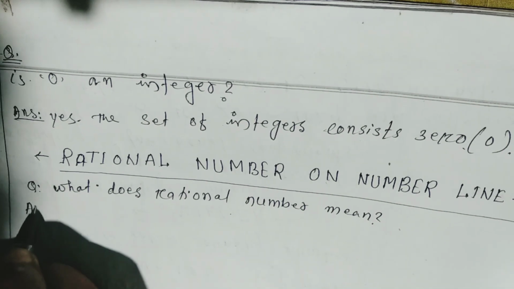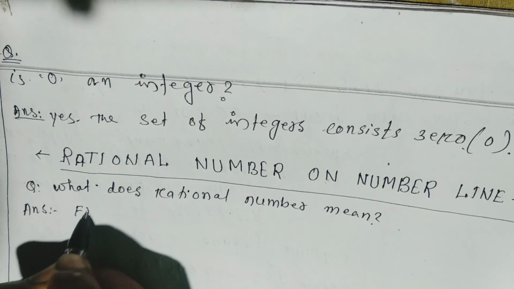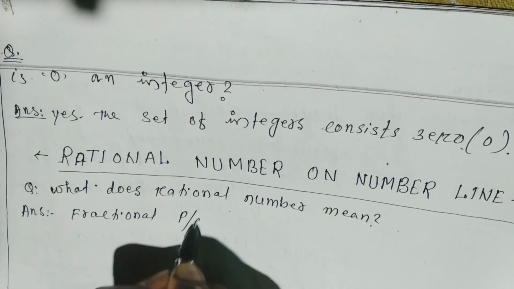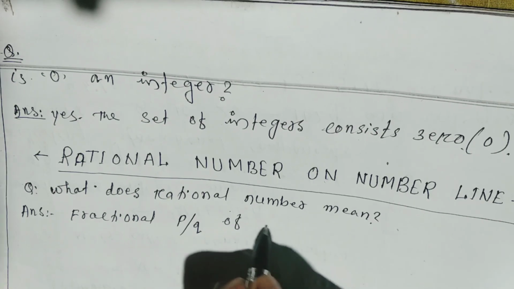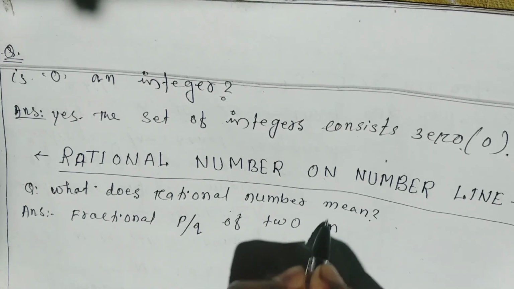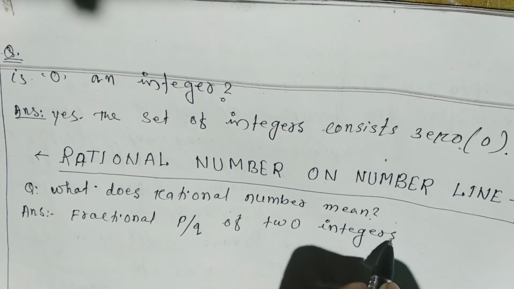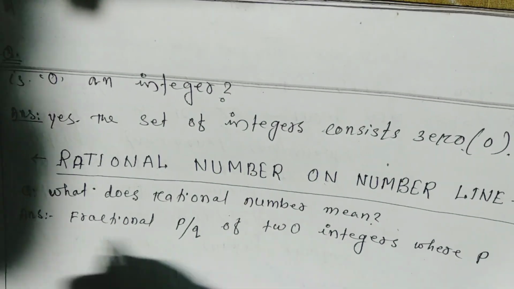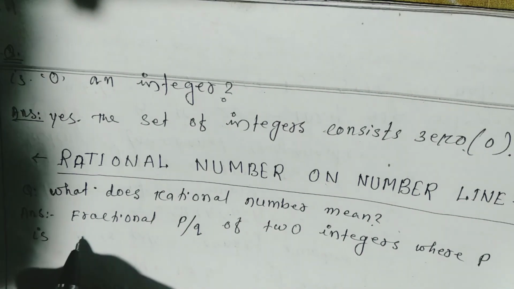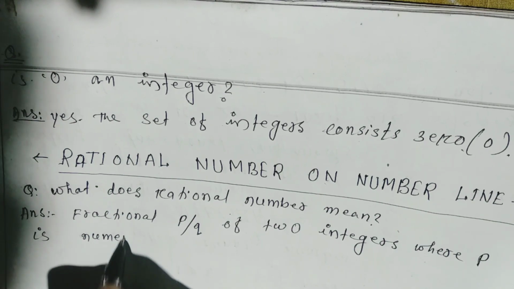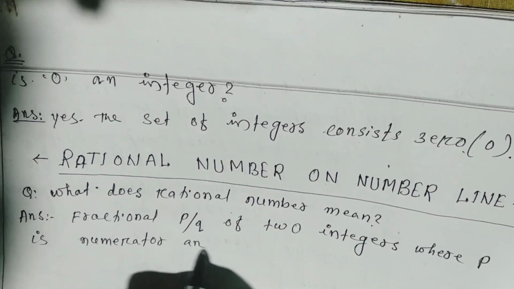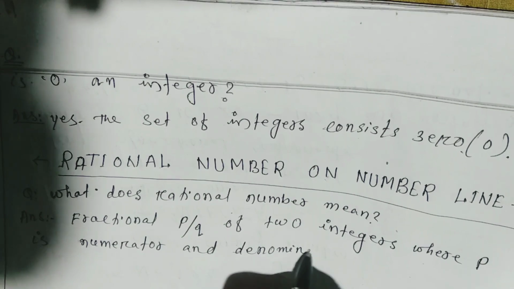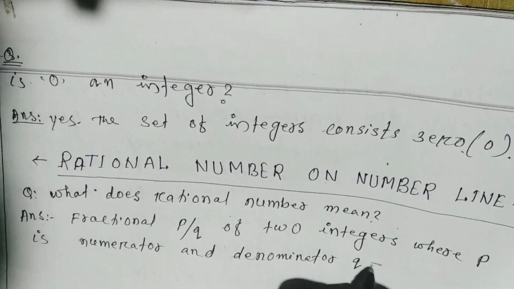Answer, fractional p by q of two integers, where p is numerator and q is denominator, q is not equal to 0.